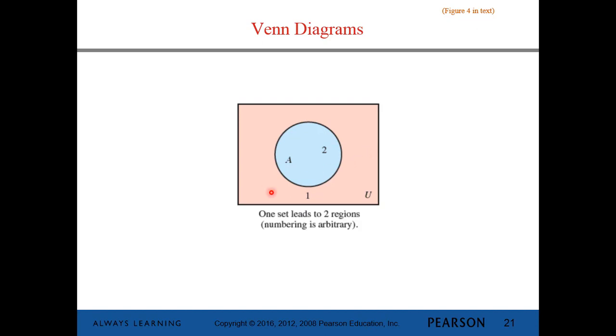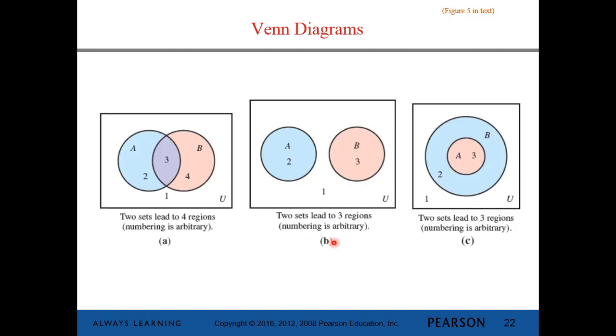Okay, so again, the numbering is arbitrary. This could have easily been set 1 and this region, or region 1 and region 2. If we have two sets, look how many regions we have. We end up having 4 regions. Now if we have two sets this way, we end up with 3 regions, right?